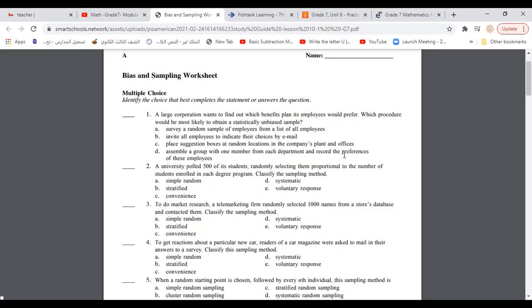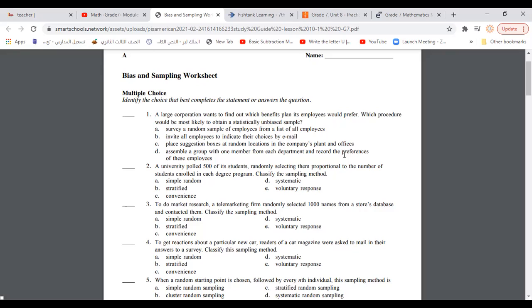Survey a random sample of employees from a list of all employees. Invite all employees to indicate their choices by email. Place suggestion boxes at random locations in the company's plant and offices. Assemble a group with one member from each department and record the preferences of these employees. Which one will be the right answer?